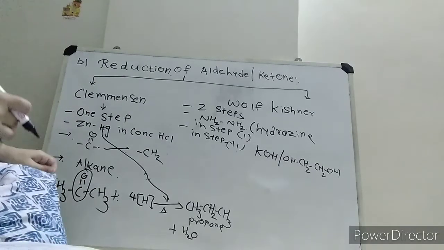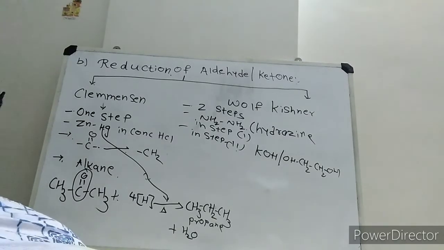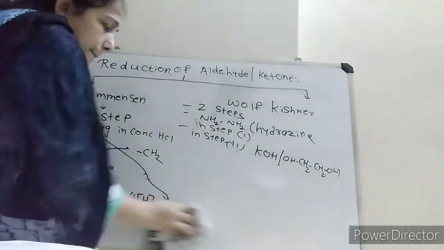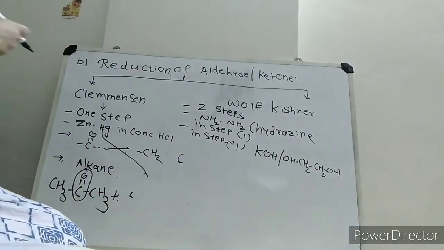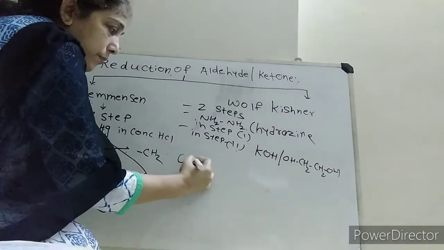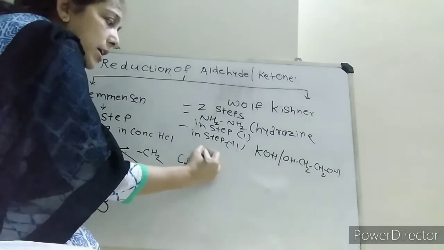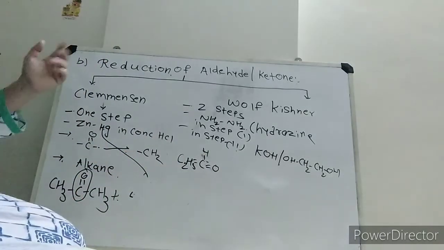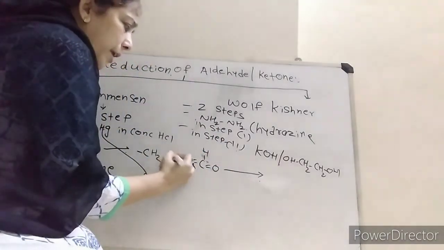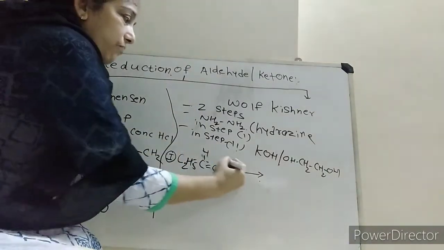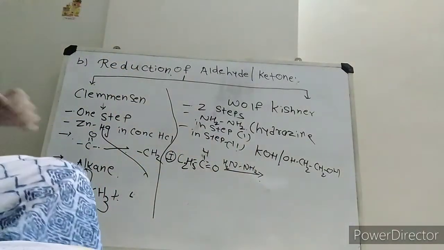Now let us see the first example. Suppose I take C2H5CHO, or we can write it this way also, CH double bond O. When this propanal reacts in step number 1 with NH2NH2, then what do we get first?